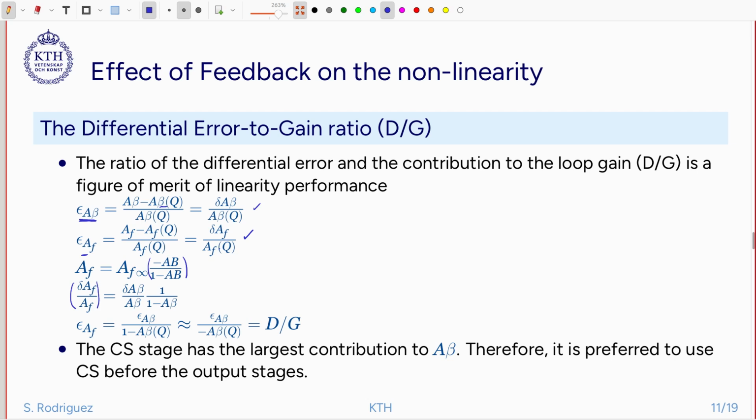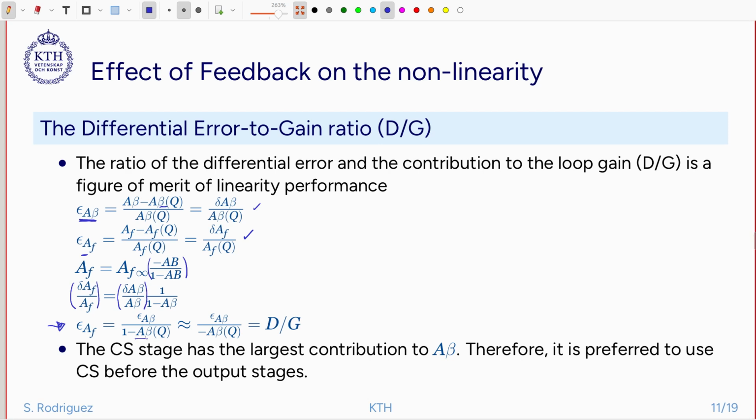That means the error that I am having in my closed loop gain is equal to the error that I have in the loop gain divided by the total loop gain. So this is a very interesting conclusion. The error in the closed loop gain can be expressed as the error in the loop gain divided by the total loop gain at the operating point.